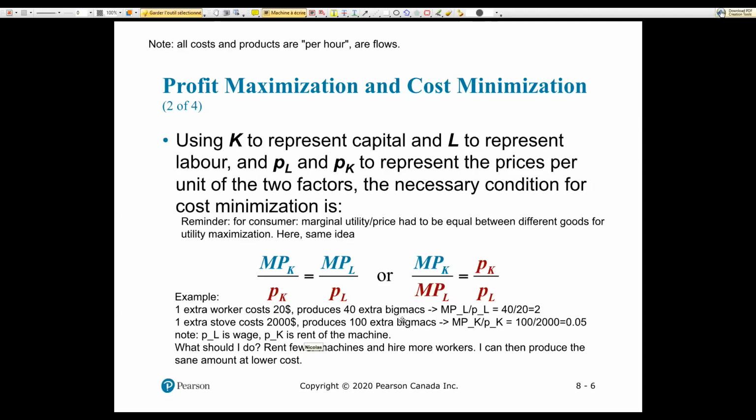Otherwise, if I say my extra stove costs $1 million to buy, then it's very difficult to make a choice. Should I buy a stove at $1 million initially, or hire workers? I have to have a way to compare them. So it's a perfect thing to add. Thanks, that makes sense.